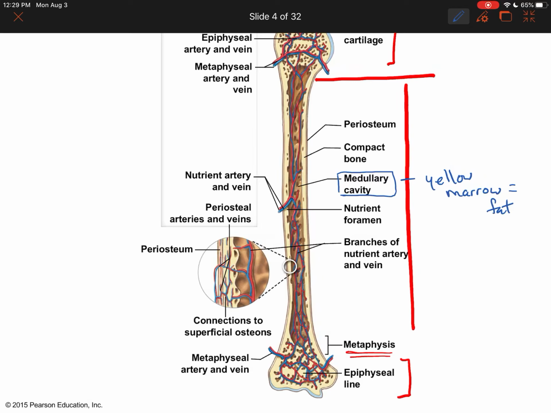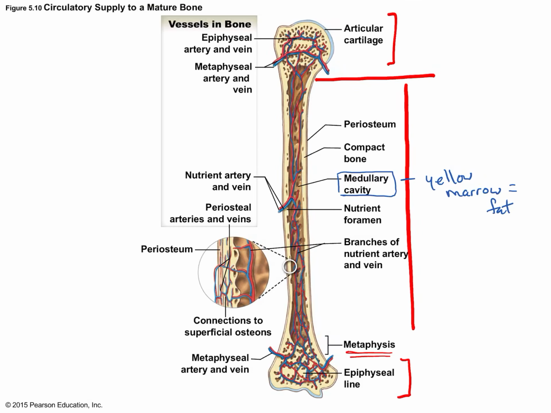Then articular cartilage, letter E. Articular cartilage is cartilage that you see at the tips of your long bones to protect them, because your long bones will all make a joint with another bone. So the articular cartilage is found on the tips. So you can see the articular cartilage here. You can see it's colored by light blue.